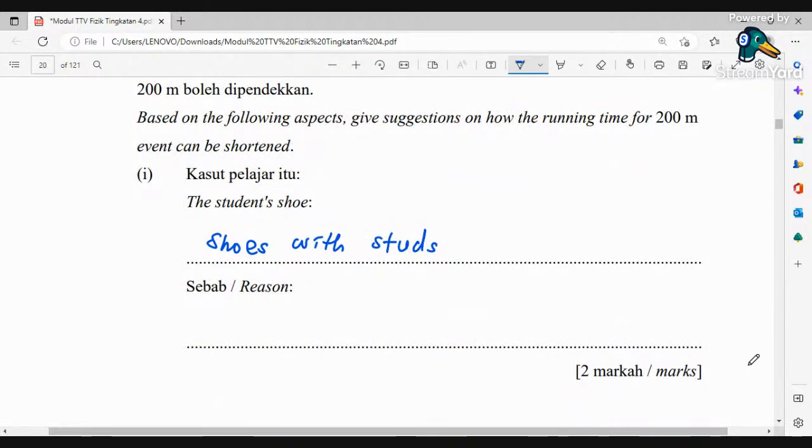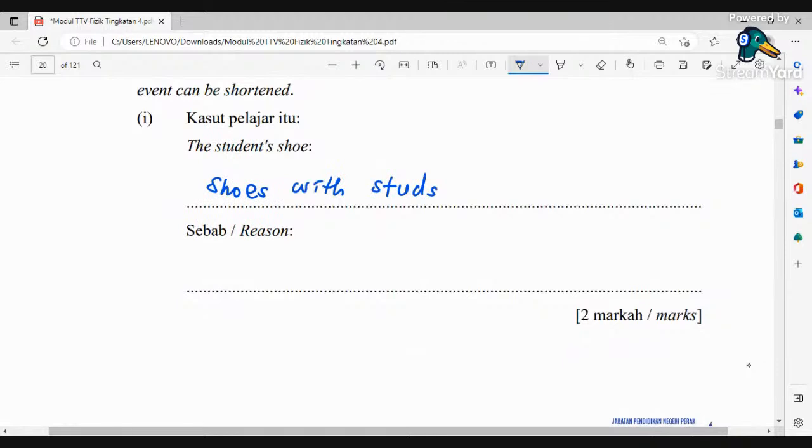Reason. Okay. Best grip. Okay, dia boleh grip. Maksudnya dia tak mudah jatuh. Sebab kalau licin, dia akan jatuh.